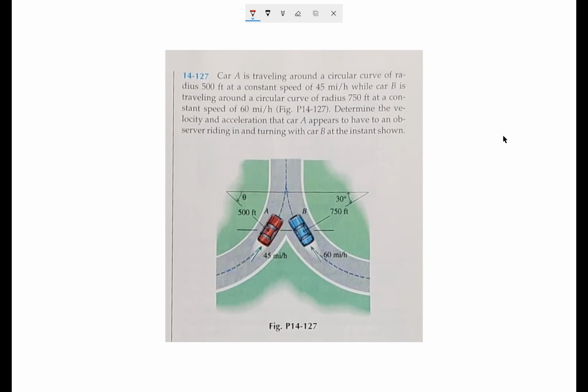It's just that now we don't have an origin that is non-moving, so that's one difference. And the thing they're asking us to find is going to be a different term in both of these equations. So let's go to the math real quick, and I'll do a slight comparison with the previous problem with the rotating disk, and also point out exactly what the question is asking us to find.